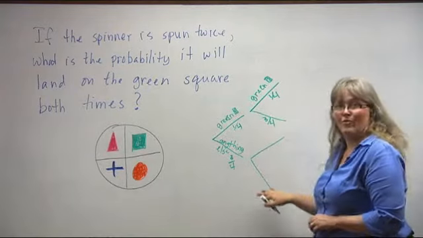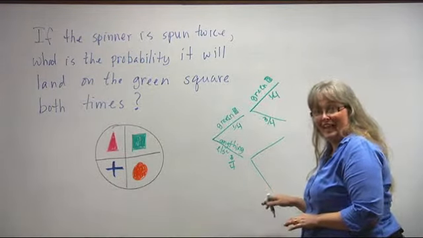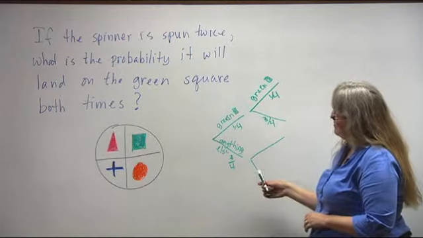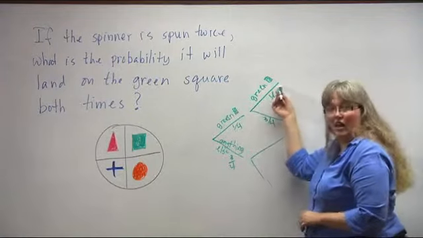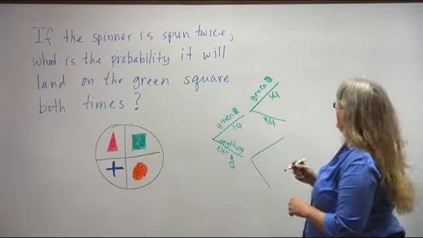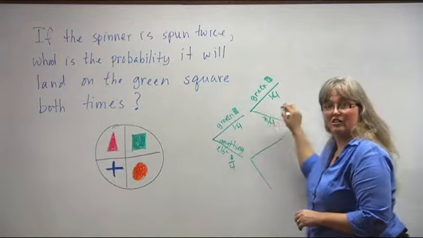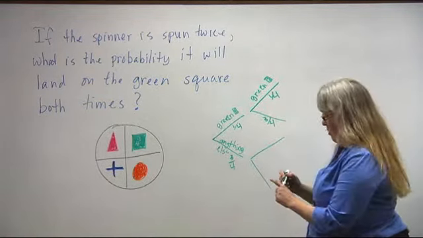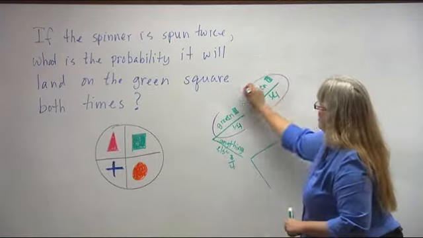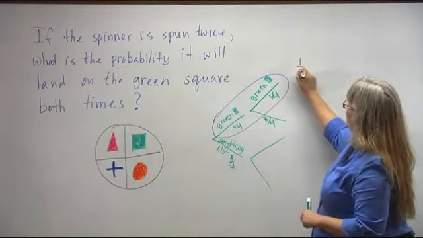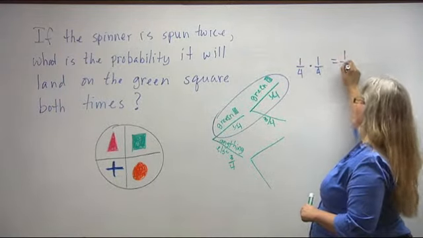I could fill out the rest of this tree diagram, but I'm not going to, because what I'm really interested in is what happens if we have a green square spun and then another green square spun the second time. So really we're interested in this branch here of the tree. And so the probability that this is going to occur is 1/4 times 1/4, or 1/16.